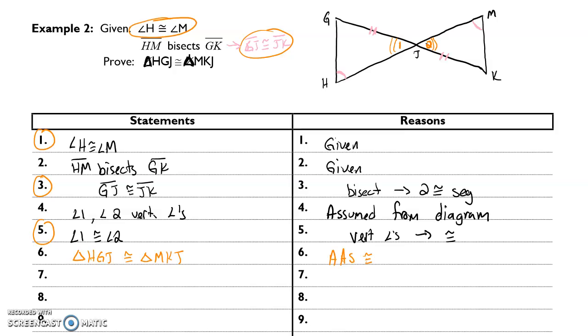Now my triangles are congruent. Make sure they are named accurately. H corresponds to M, G corresponds to K, and J corresponds to J. And that is angle, angle, side. Because I have two angles, angle H and then angle 1, and a non-included side corresponding to two angles, angle M and angle 2, with a non-included side. Angle, angle, side congruence.